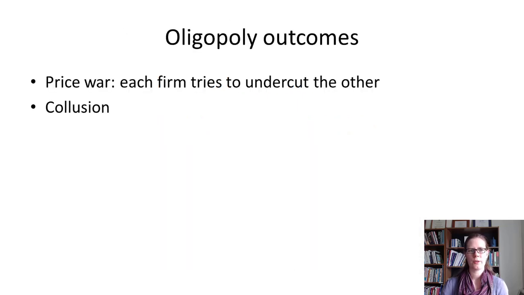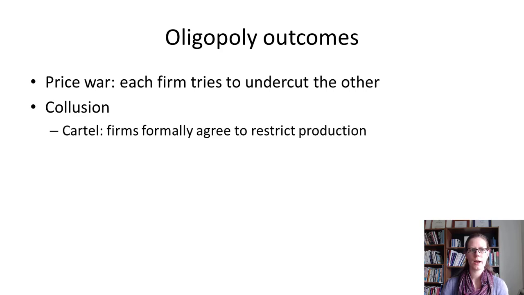There are actually several different types of collusion. One kind is the formation of a cartel. So a cartel is where firms get together and formally agree to lower their production in order to drive up prices. So essentially what they're doing is agreeing to act together as a monopoly. OPEC, the Organization of Petroleum Exporting Countries, is a cartel.